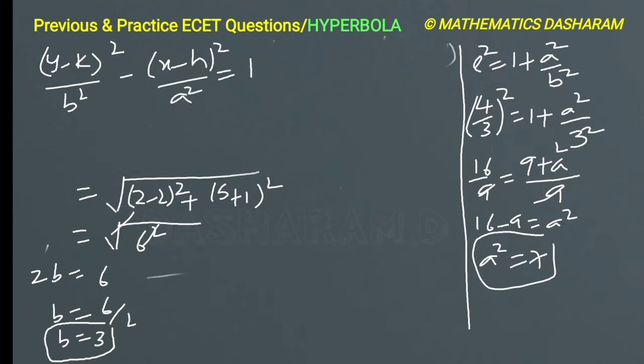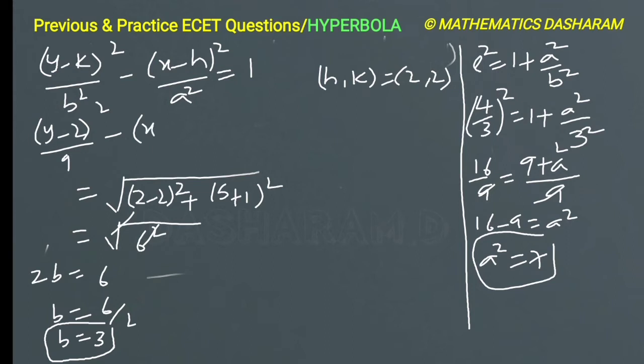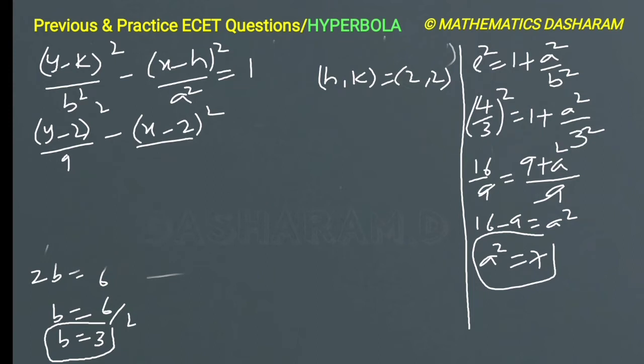So (h, k) is (2, 2), we already found. So (y - 2) whole square divided by b square, b value 3, so b square is 9, minus (x - 2) whole square by a square, a square is 7, equals 1.